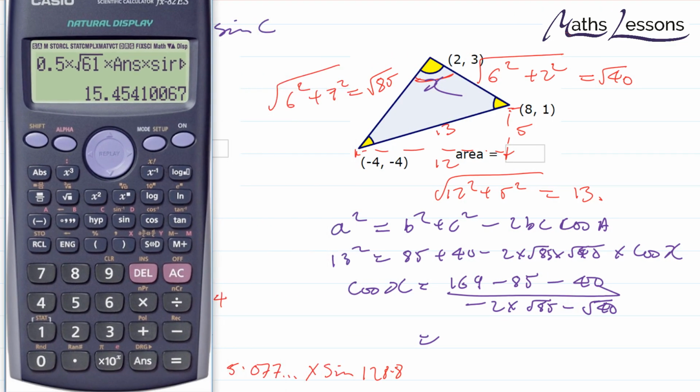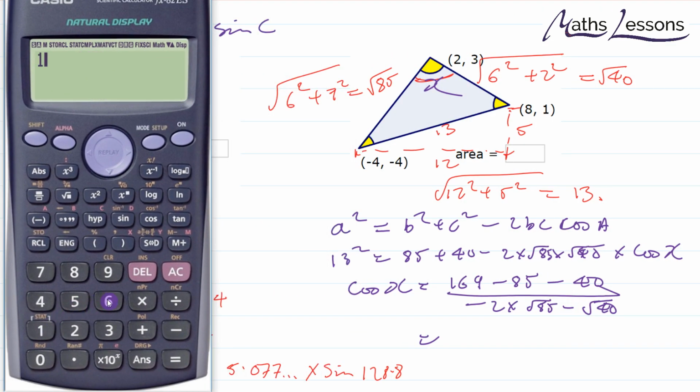Let's get a calculator over here so I can see it. So I've got 169 minus 85 minus 40, and I'm going to divide all of that by minus 2 times square root of 85 times square root of 40.